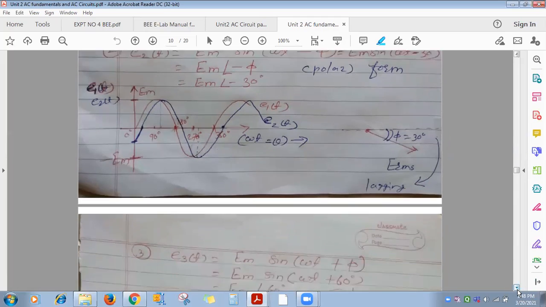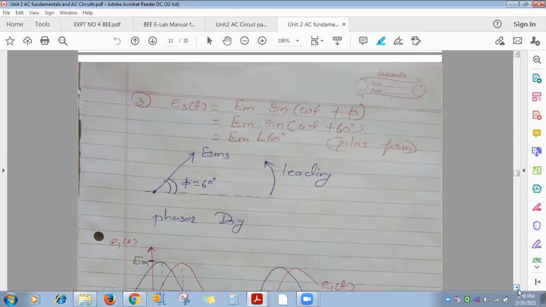Okay, so next one is E3(t). The third waveform is Em sine of omega t plus phi, and here I considered the angle to be plus 60 degree. So what will be the polar form? Magnitude is Em; you can consider ERMS here also. And angle is plus 60 degree.